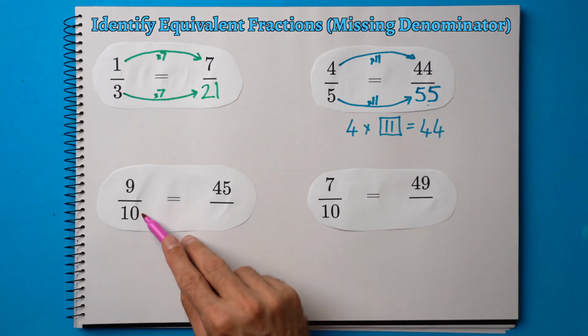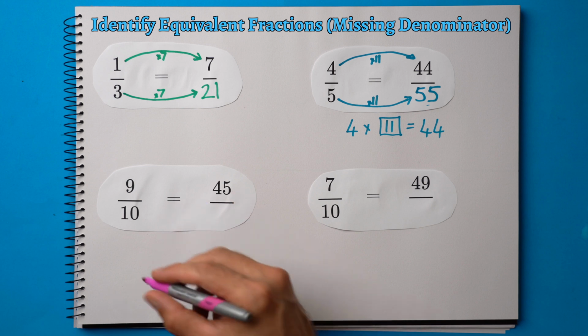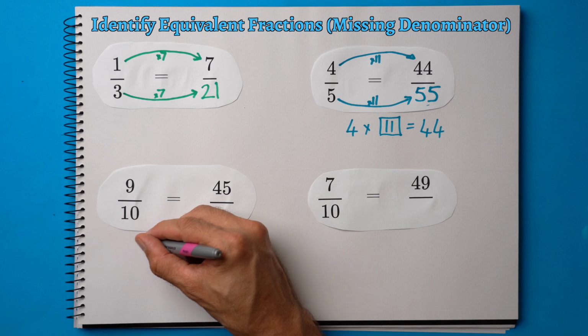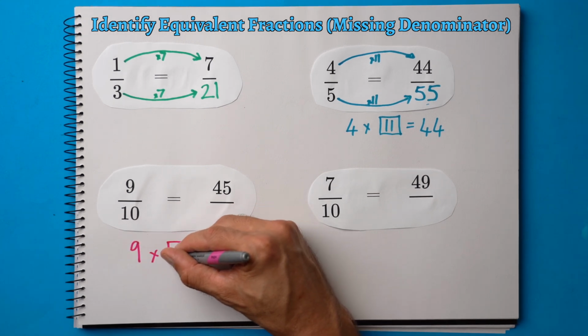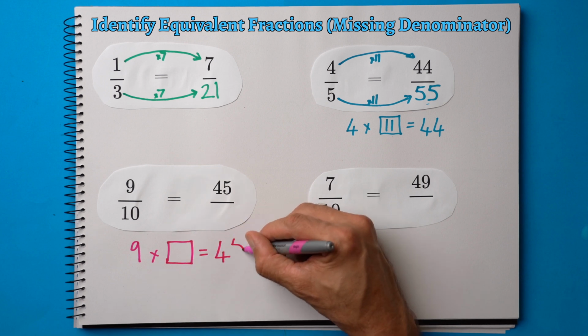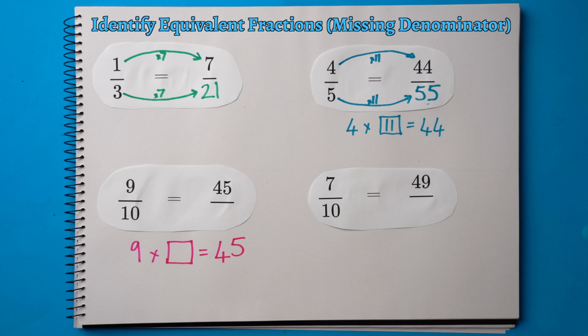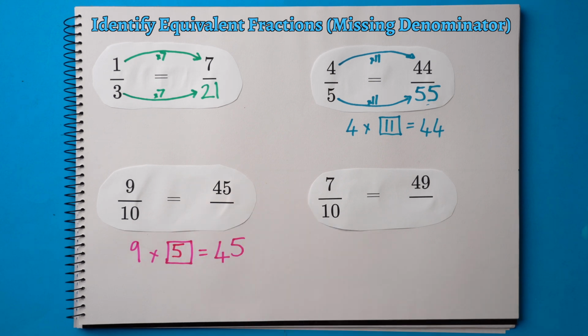This next one, 9/10, can become 45 over, don't know. All right, so what have we got? We've got 9 multiplied by unknown number equals 45. And if you know your 9 times tables or your 5 times tables, you're going to know it's 9 times 5 is 45.